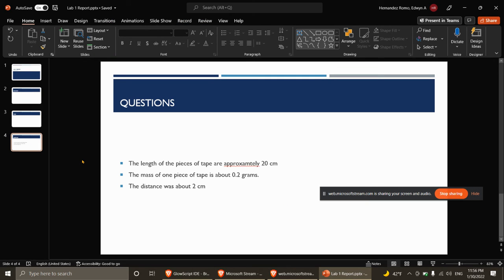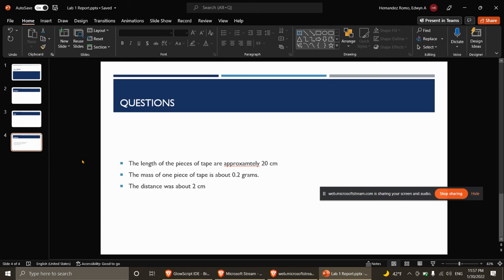A couple of questions: the length of the pieces of the tape is approximately 20 centimeters. Some of them were a little bit bigger, some a little smaller. With the smaller ones, as it suggests, it was very difficult to get reasonable numbers. The mass of one of the pieces of tape is 0.2 grams. The distance between T1 and T2 when I was trying to hover was about 2 centimeters.